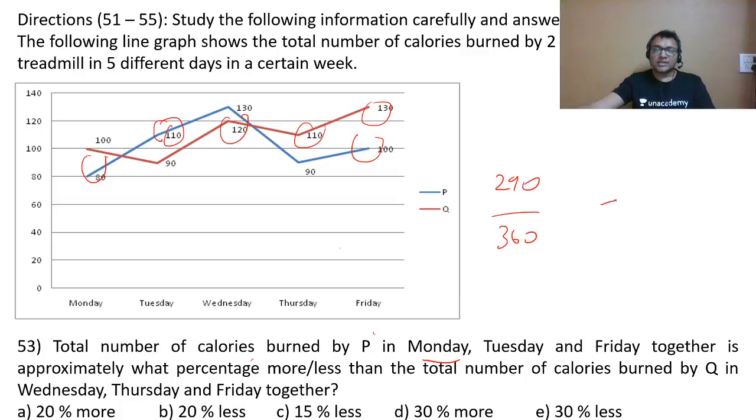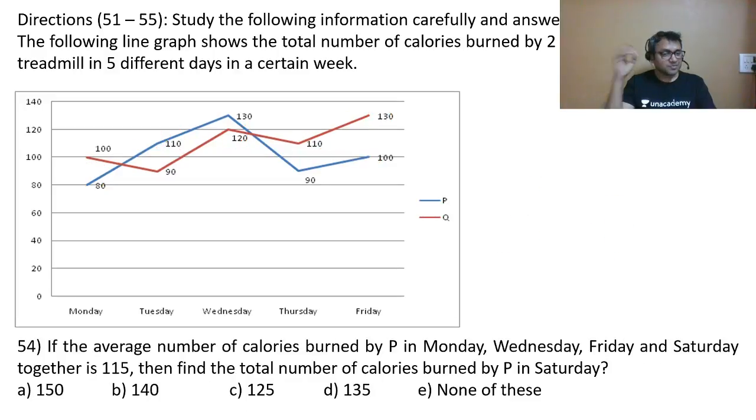So you can make out 70 less out of 360, which will be 20% less. B option. Okay, 70 less as compared to 360, which will be 20%.